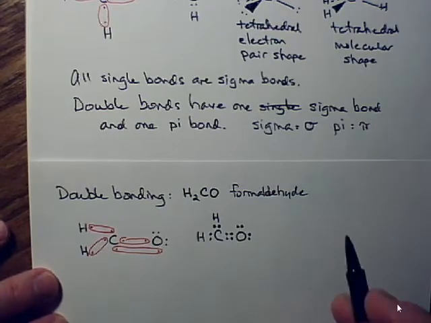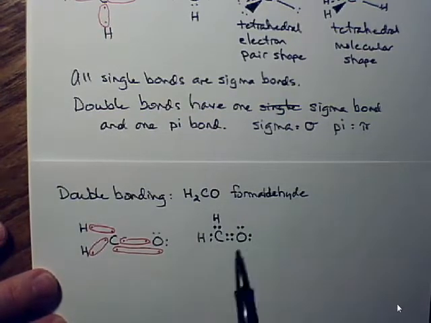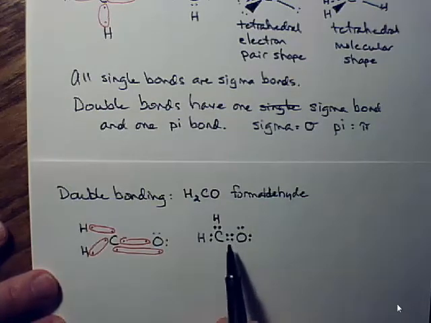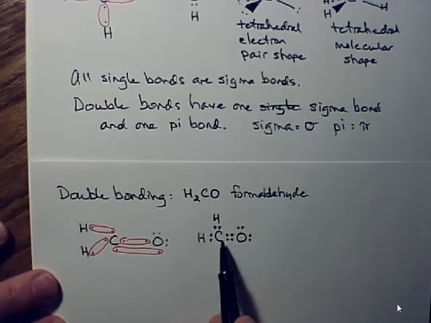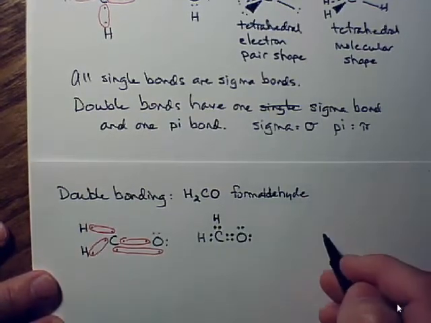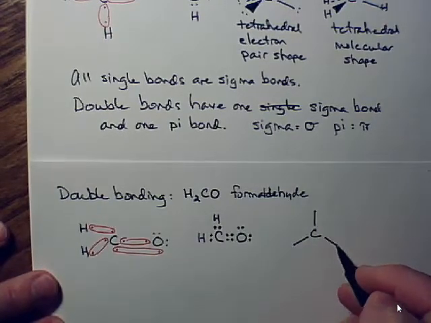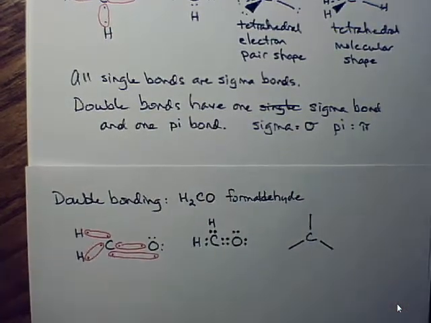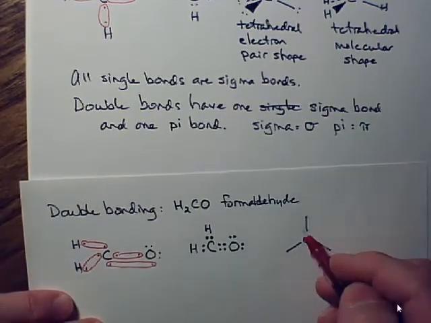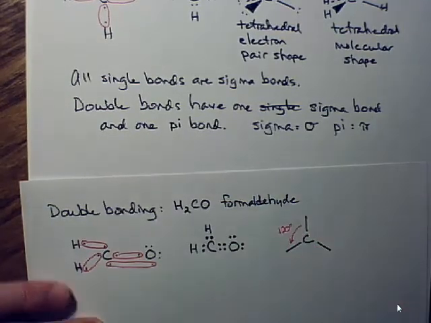Got that? All right. Now, a while ago when I said we want to draw shapes, the 3-dimensional shapes, starting with the sets of electrons. Well, these 4 electrons are a set. So in this case, carbon has 1, 2, 3 sets of electrons. And the way you can get 3 sets of electrons as far apart as possible is just to have 3 arms at 120 degrees apart. So this is not 109.5. This is 120 degrees. Okay?